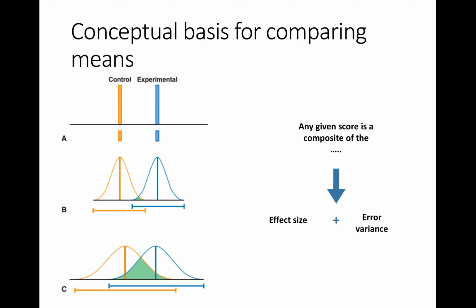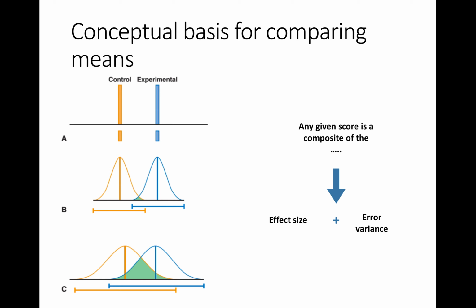So when you have these two distributions, one for the control group and one for the experimental group, you can have some interesting things. For example, if the means of the two groups are farther apart, the difference between means will be higher, so it will be easier for you to find statistically significant differences.